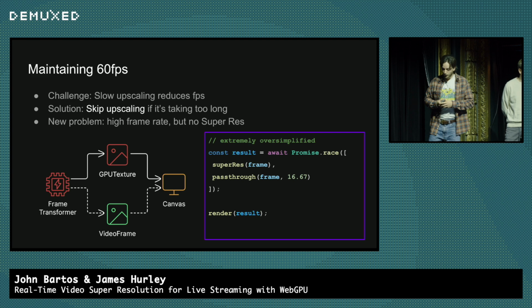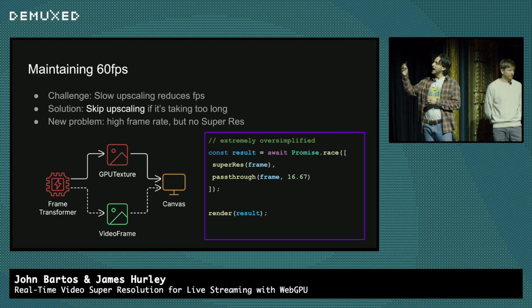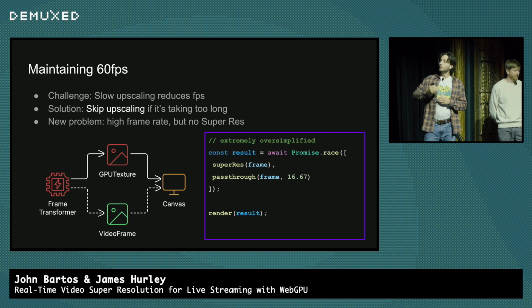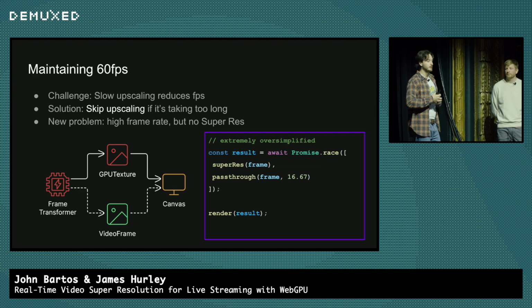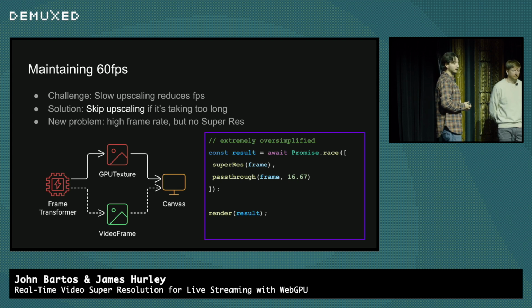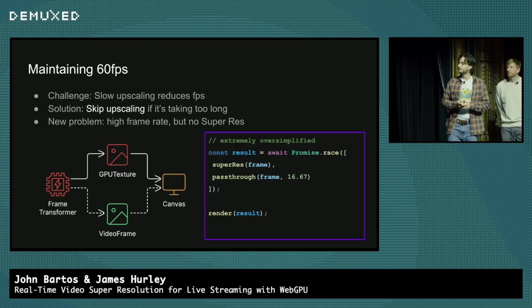What we did is create a parallel pipeline to our SuperRes upscaler. In this pipeline, we have a dummy upscale function that simply takes in the video frame, waits a configurable amount of time, and then just returns the frame.